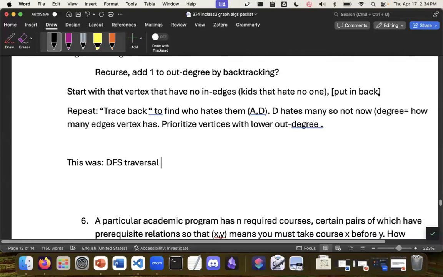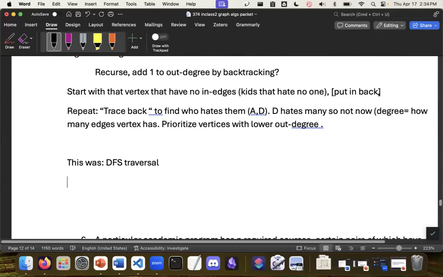I will note that this problem is basically asking you to reinvent an algorithm that is already known. So we were doing DFS, and coming up with this process is coming up with a certain type of sort on a kind of graph.